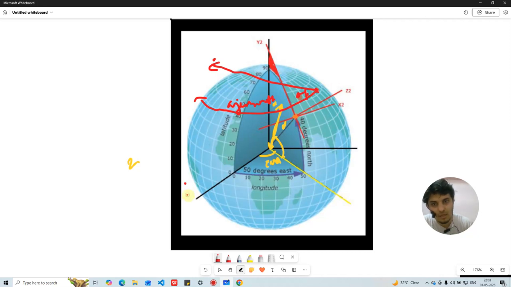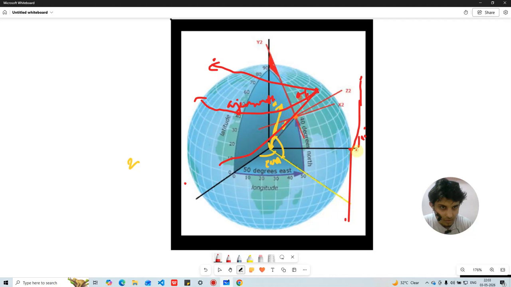For example, if I want to look at something over here, my elevation is negative. But if I'm standing over here on the equator and I want to watch something over here, how much do I need to turn? I do not need to turn at all, so azimuth is 0, and I have a big elevation of around 80 degrees.